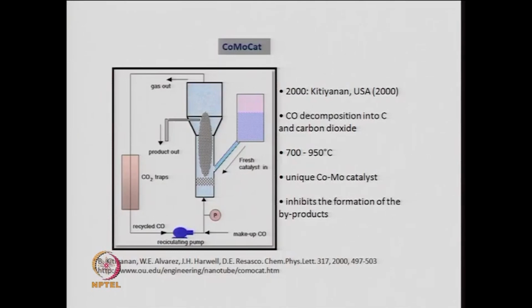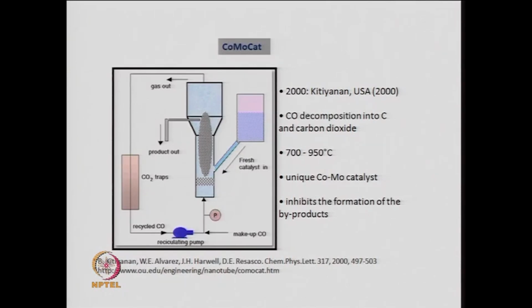Now, there is another method which is called the COMOCAT method. This name comes because of the catalyst you are using. This catalyst is made up of cobalt and molybdenum, two metals, and you take this mixture of metal catalyst in a chamber where you are passing carbon monoxide.